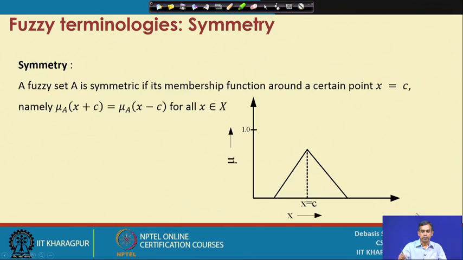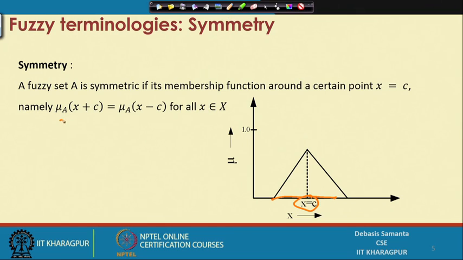Now, we will discuss whether a fuzzy set is symmetric or asymmetric. We define a fuzzy set as symmetric with respect to one element x, such that the membership values of all elements in this region have corresponding elements with the same values.